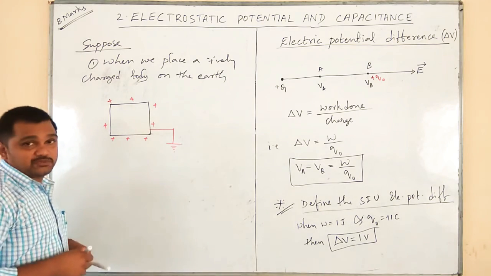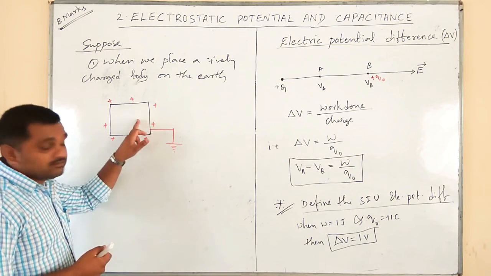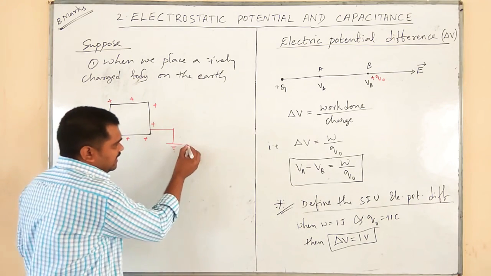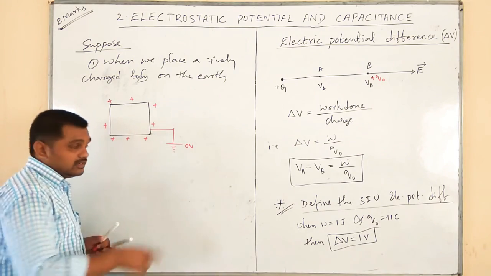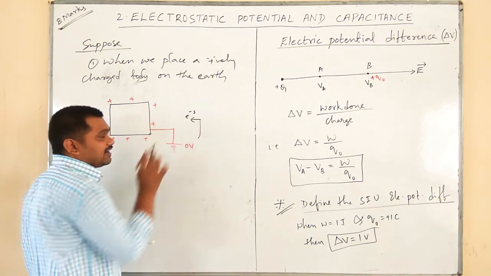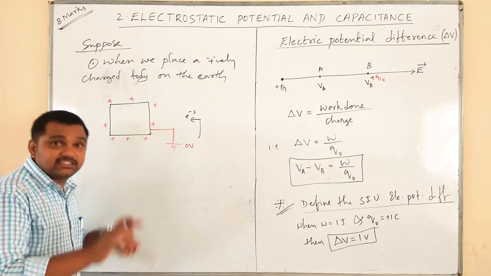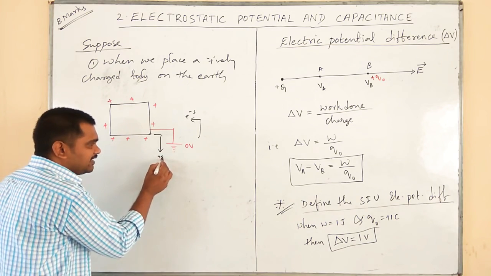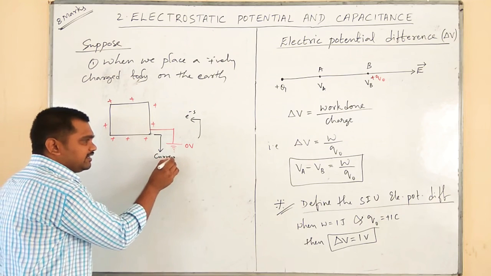Now, what can you expect? Please remember the concept of charging by induction. What is the potential of earth? Already I said it is 0 volt. In order to make this surface 0 volt, it will send electrons. It will send the electrons till the potential of this positively charged body becomes 0. Electrons are flowing like this means the positive charges are coming like this, which means current is coming like this.